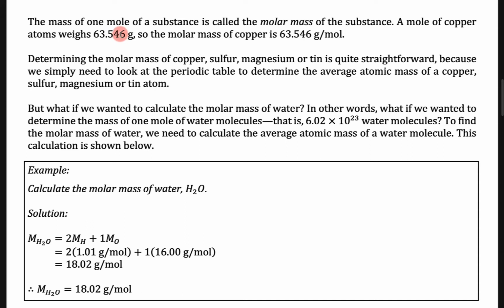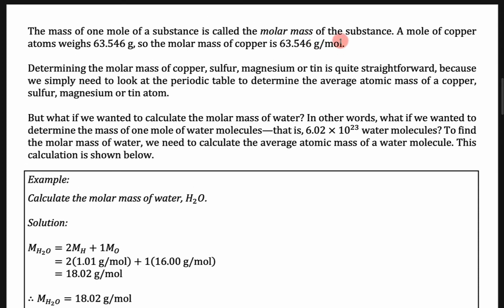So the molar mass of copper then would be 63.546 grams per mole. Molar mass always has units of grams per mole. Again, it's simply the mass of 1 mole of the substance. So for copper, the molar mass would be 63.546 grams per mole.